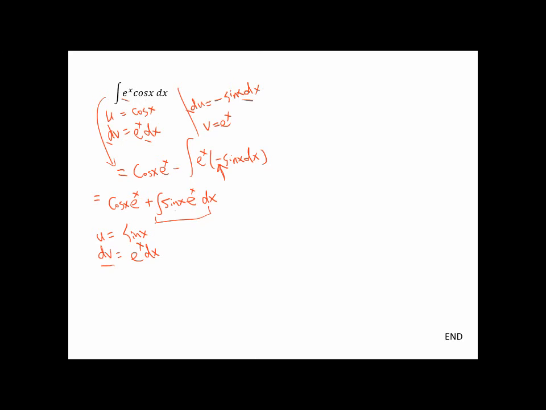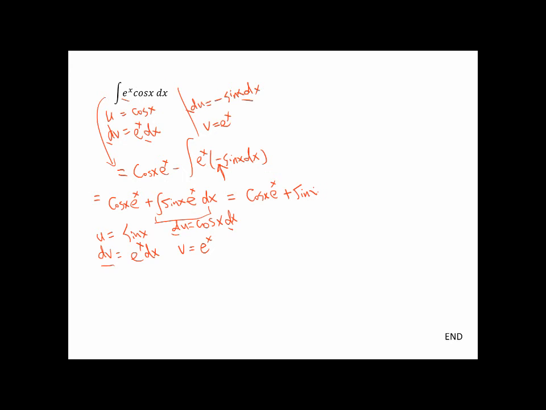Put these two together. I got this part, right? Sin x e to the x dx. du is what? Cosine x dx. Don't forget d, right? v is e to the x. So this part goes to here. Cosine x e to the x plus uv, right?